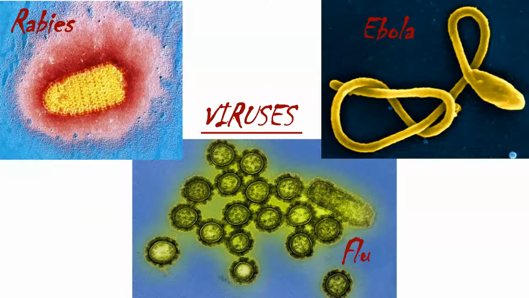Today we will be talking about infectious diseases like rabies and Ebola and the flu and even SARS-CoV-2, that coronavirus that causes COVID-19. But before we can talk about those diseases, we first need to ask, what is a virus exactly?